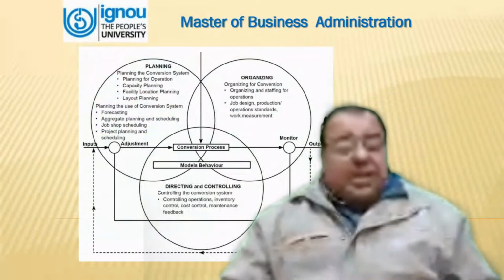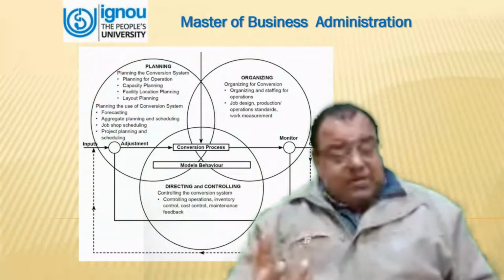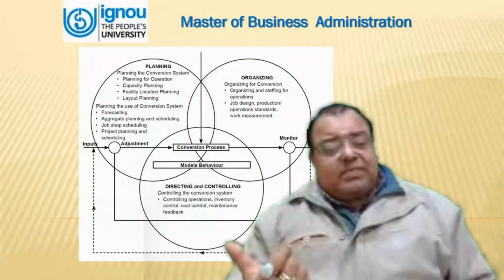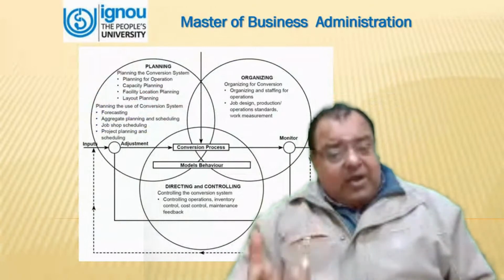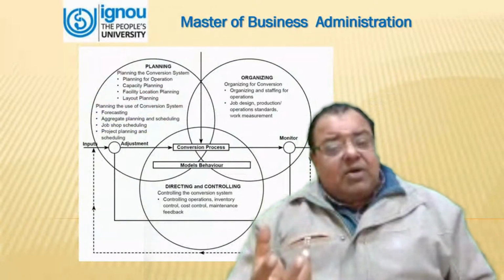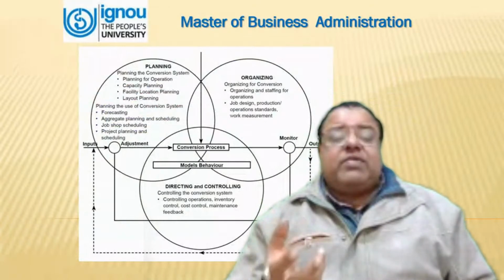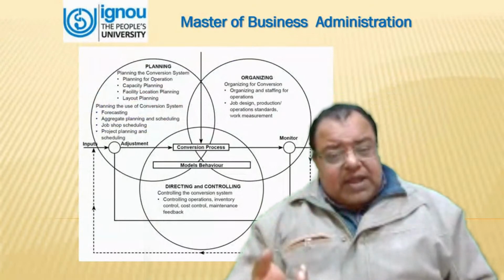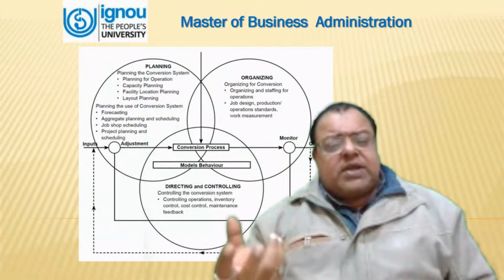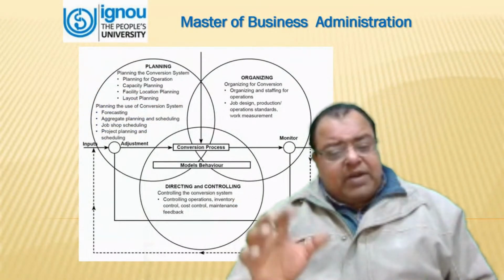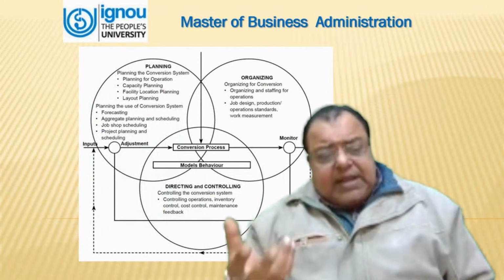Then the center part of the diagram indicates the conversion process. And on the right, it is organizing for conversion, which includes organizing and staffing for operations, job design, that includes production and operation standards, work measurement.